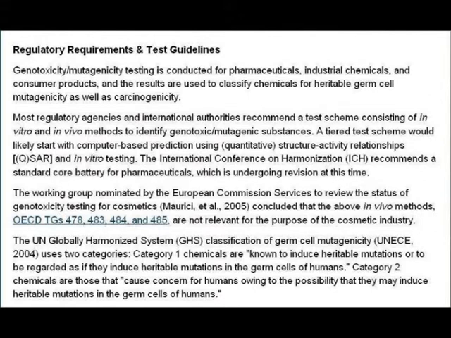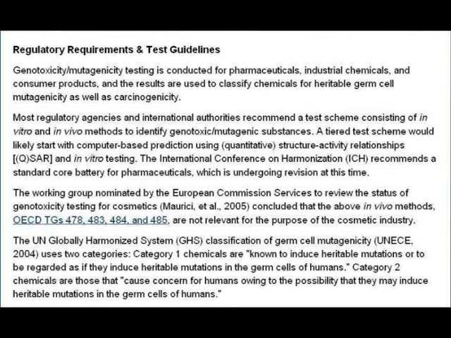This second slide is to do with regulatory requirements and test guidelines and reads, genotoxicity/mutagenicity testing is conducted for pharmaceuticals, industrial chemicals and consumer products, and the results are used to classify chemicals for heritable germ cell mutagenicity as well as carcinogenicity.